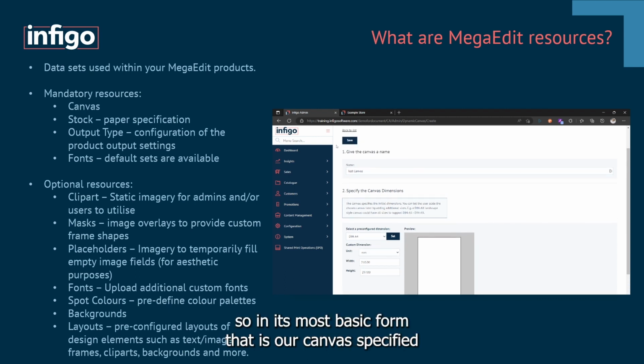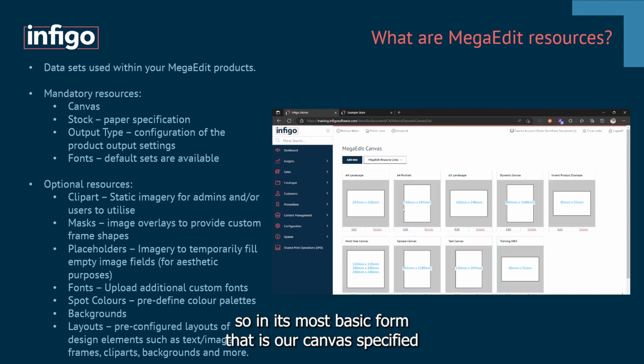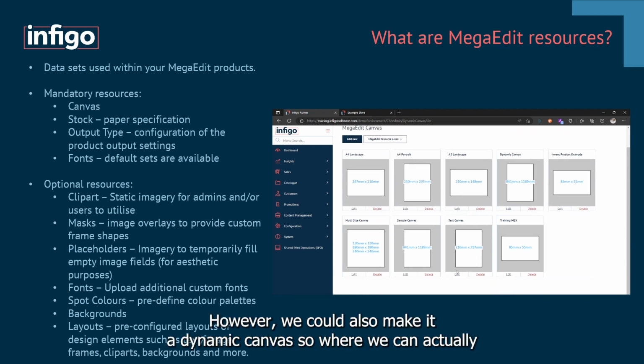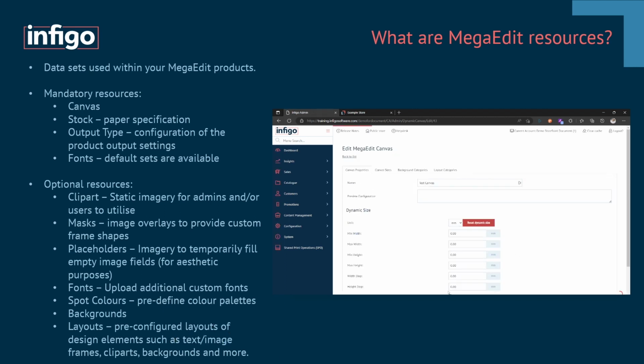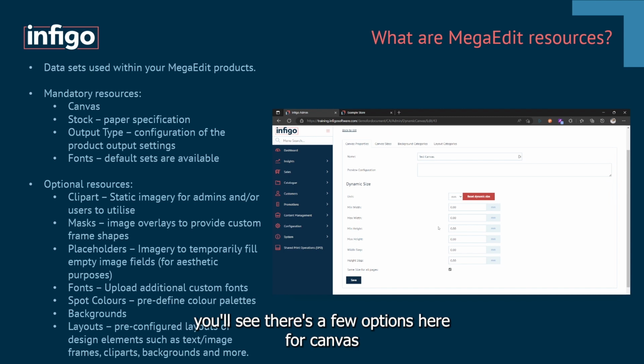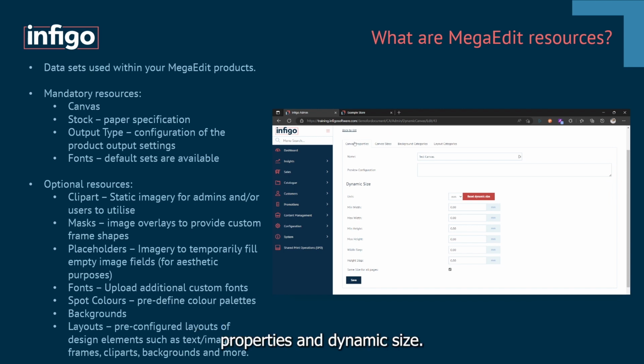So in its most basic form, that is our canvas specified. And we can now utilize that on our product. However, we could also make it a dynamic canvas, so where we can actually get the user to choose the size they want to design. If I click on edit on that particular canvas, you'll see there's a few options here for canvas properties and dynamic size.